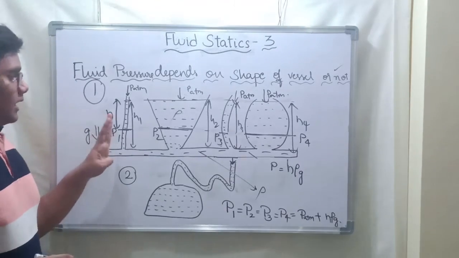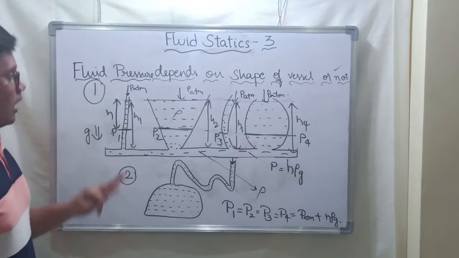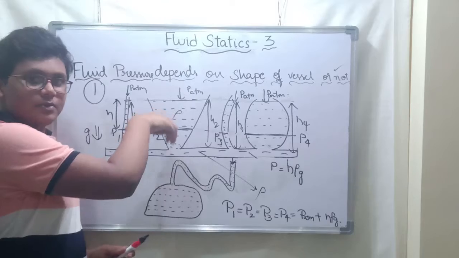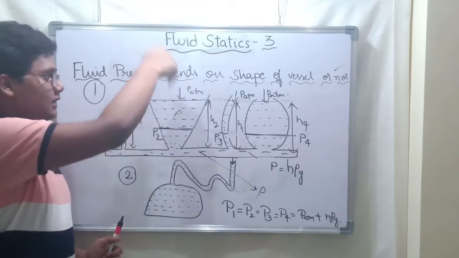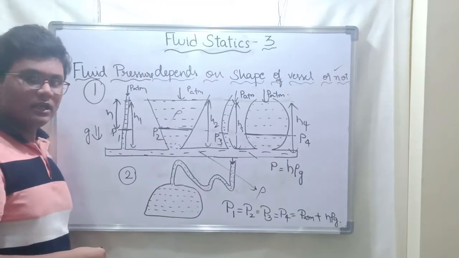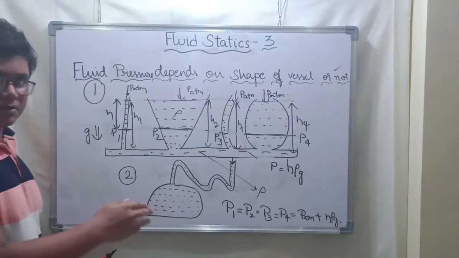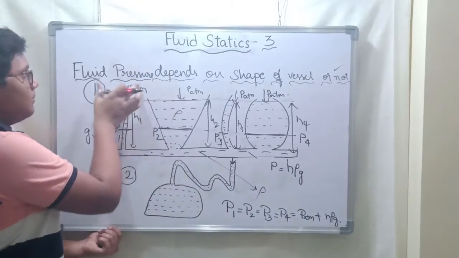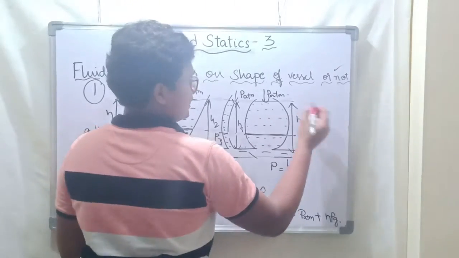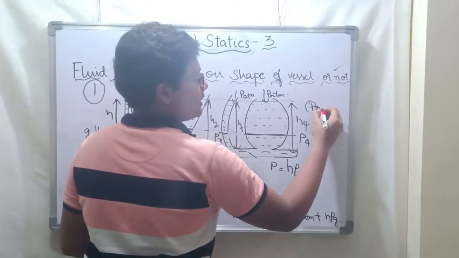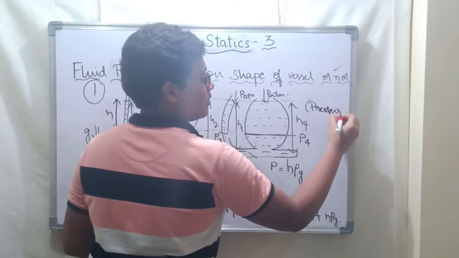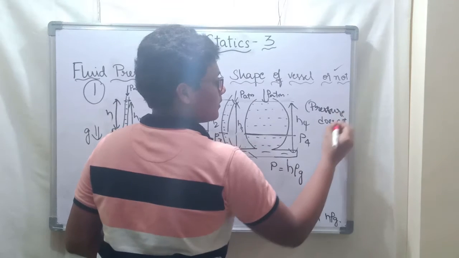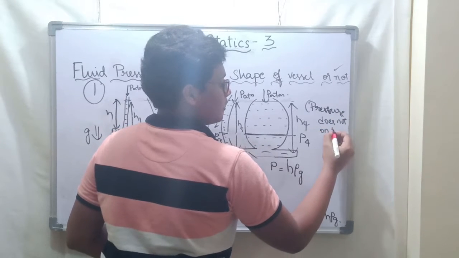And for PATM, if it is a closed vessel, then atmospheric pressure is not acting, so some changes will be there. The atmospheric pressure will be taken out and neglected. So we can conclude from this that pressure does not depend on shape.